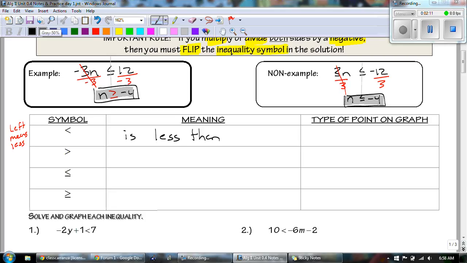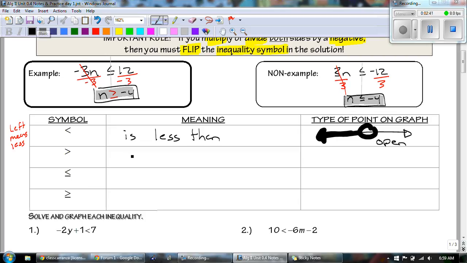Now, if I were graphing that on a number line, because that's what we're going to be doing today, I would have an open dot, okay? So it would be open, and then I would shade to the left, okay? Key thing to remember is that this is an open point, okay?